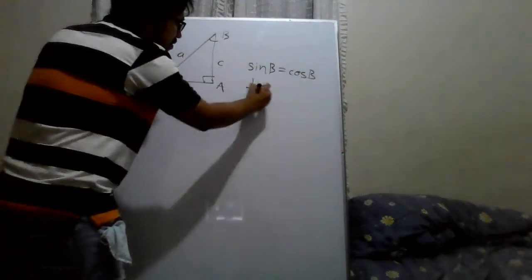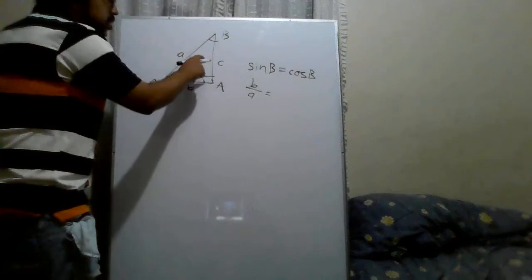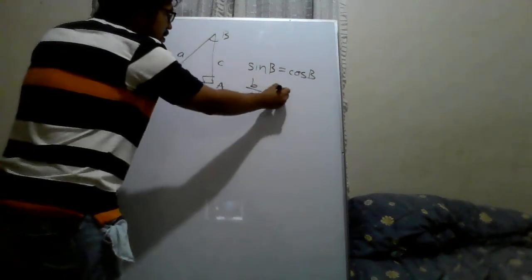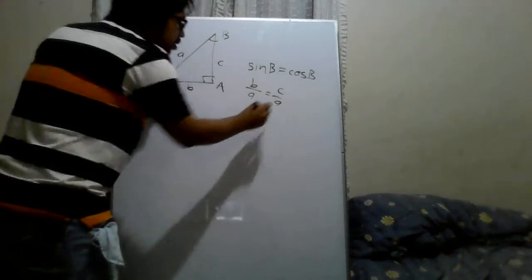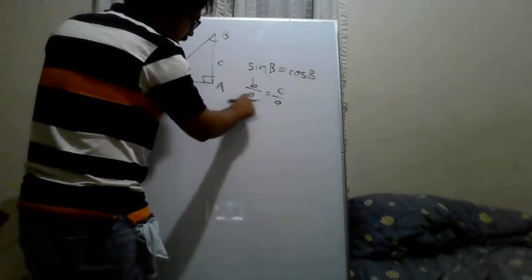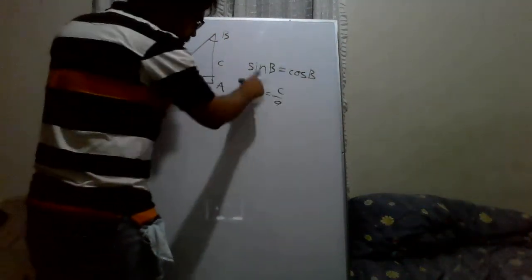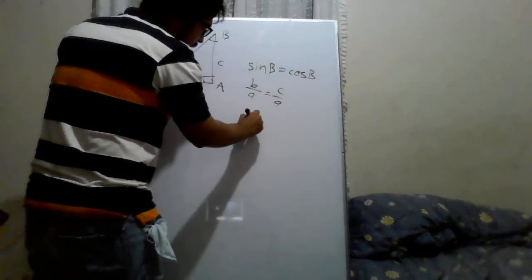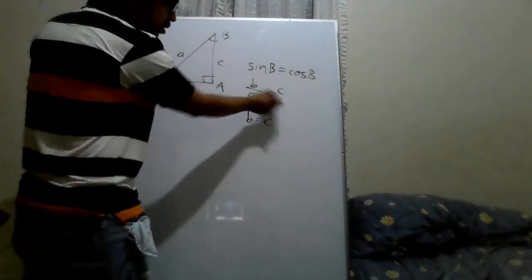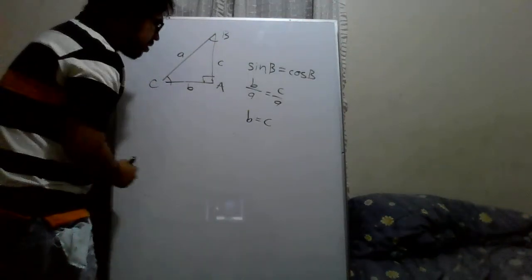So this is B over A equal to the cosine of B, which is the adjacent leg over the hypotenuse, C over A. So this equation has A on both sides. So this means B equals C, because you can cancel out A by multiplying by A on both sides, as you know from algebra.